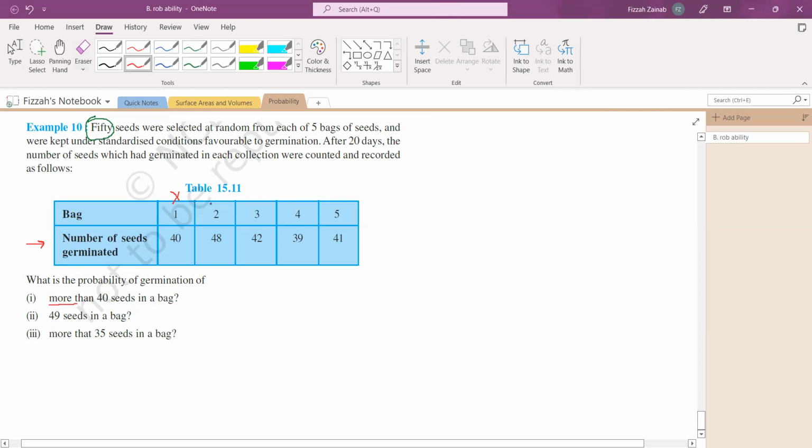So more than 40 means bag number 2, bag number 3, and bag number 5, right? Yes, ma'am. So in how many bags 40 seeds have germinated?